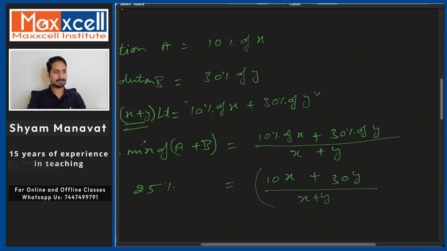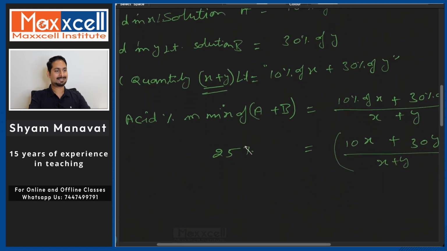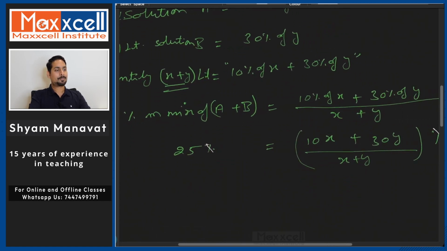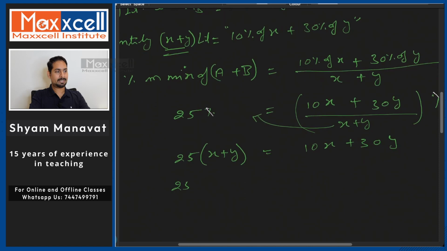I can take the percentage common and cancel it on both sides, so I have only numbers, no percentage anymore. Now if I cross multiply, I open the bracket and get 25x plus 25y on one side and 10x plus 30y on the other.